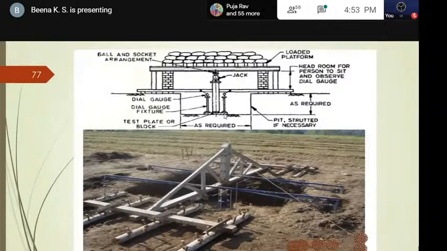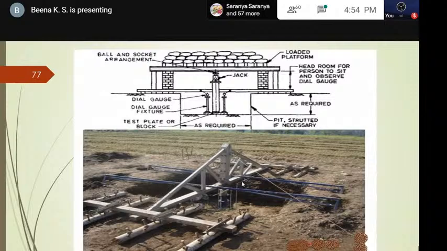The load can be applied to the plate either from a loaded platform, that is like gravity loading, which is transferred in stages using a hydraulic jack, or by a hydraulic jack reacting against a steel truss, a structural loading designed for the requisite capacity and anchored to the ground.